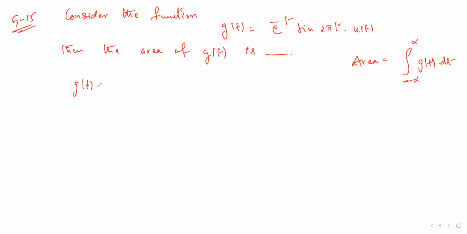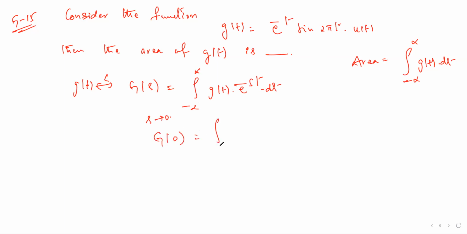If you consider the Laplace transform of g of t, G of s is the integral from minus infinity to plus infinity of g of t e power minus st dt. If you take s tending to 0, G of 0 is the integral of g of t e power 0, which is 1, dt.